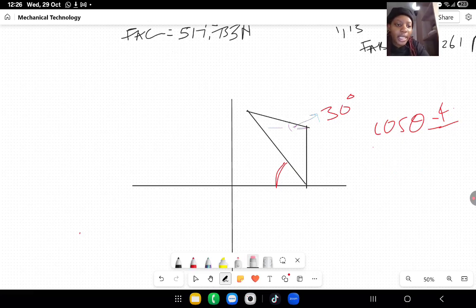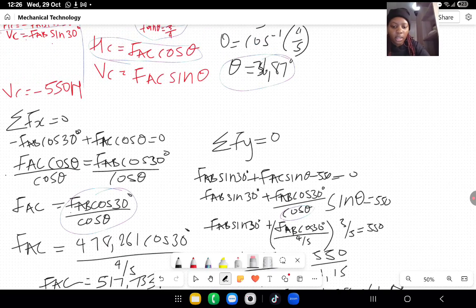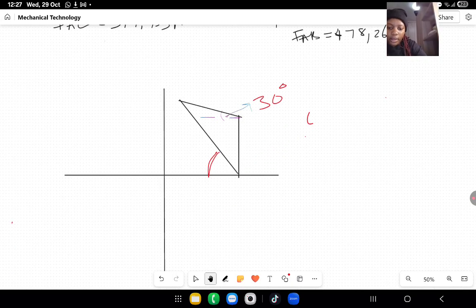We calculated the angle here, which is this one, which we got as cos arc of 4 over 5, which is equal to 36.87 degrees.